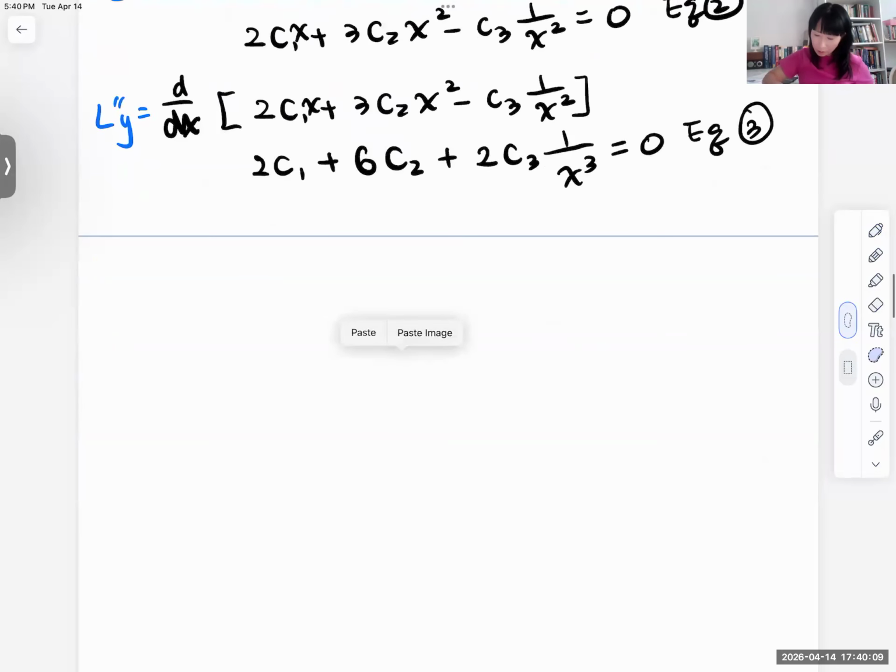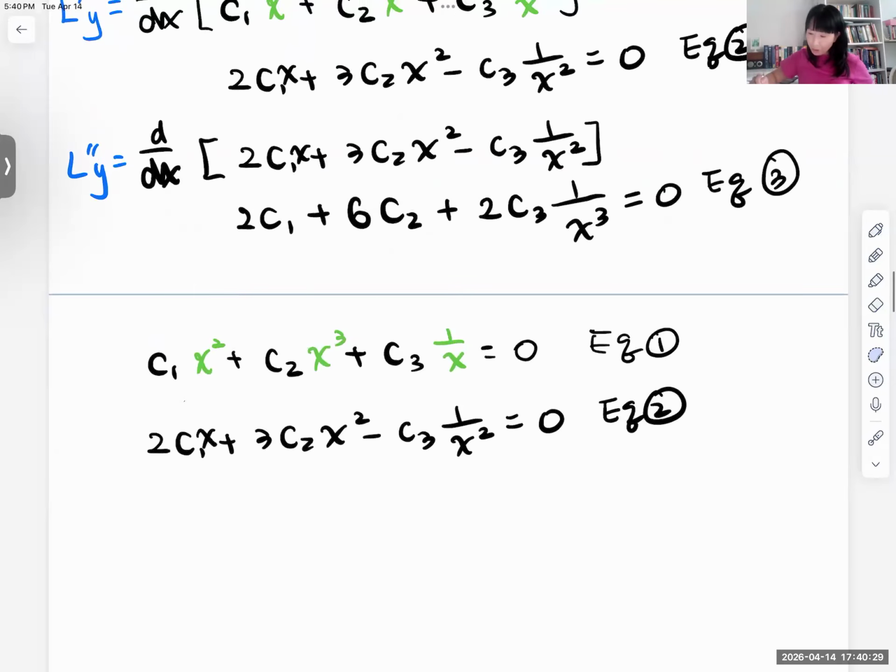And equation number 2, copy. And equation number 3, copy. All right.